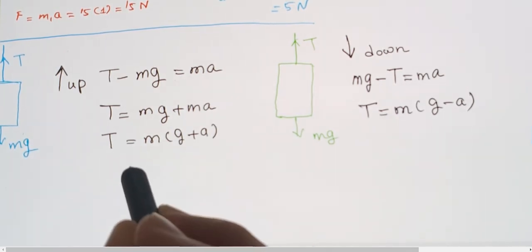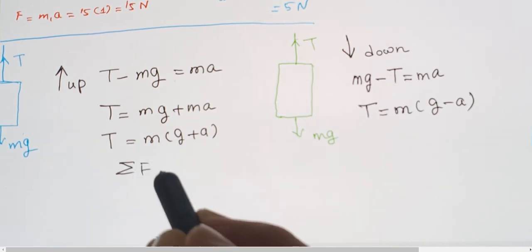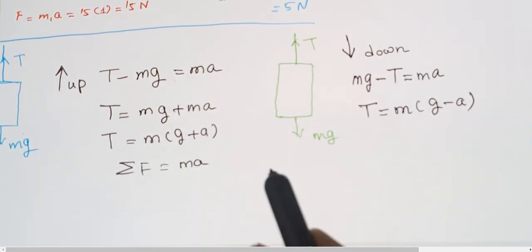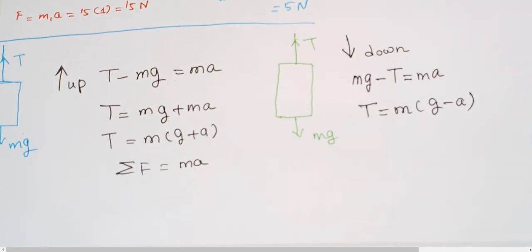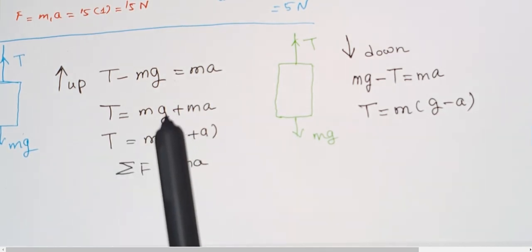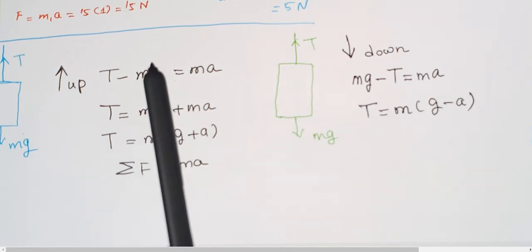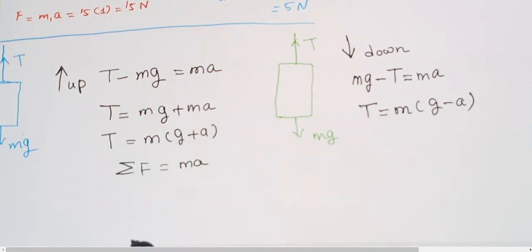Well, we just apply summation of forces is equal ma. Net force is equal ma. So what is the net force? We have acceleration up, and gravitational force down. So that means net force is tension minus mg. If acceleration is equal 0, خلاص, we end up with a situation that tension is equal mg.